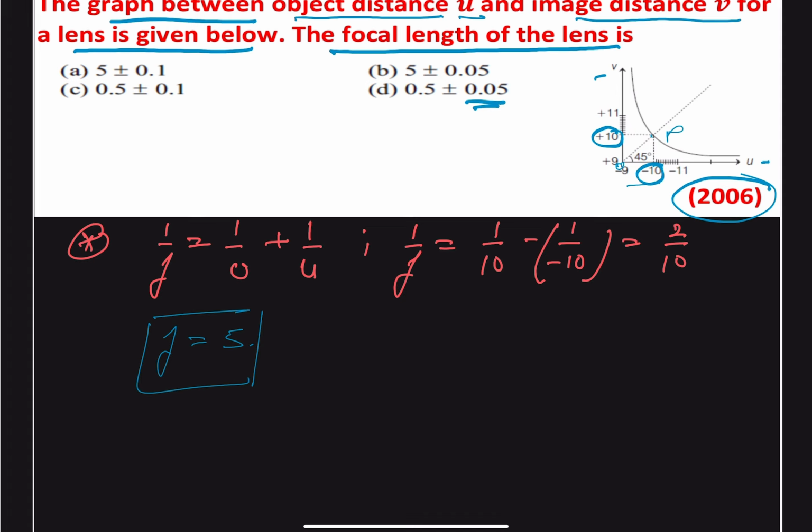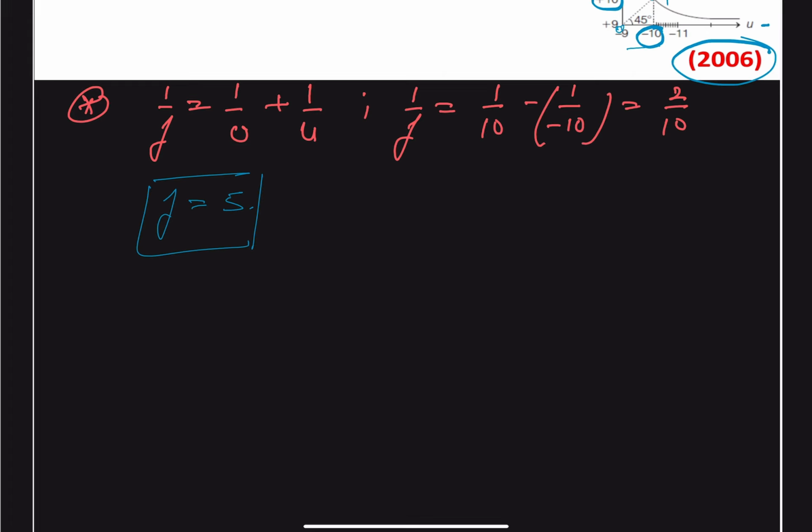The number of divisions is 10, therefore the smallest count will be equal to 1 upon 10, both on the u side as well as the v side.